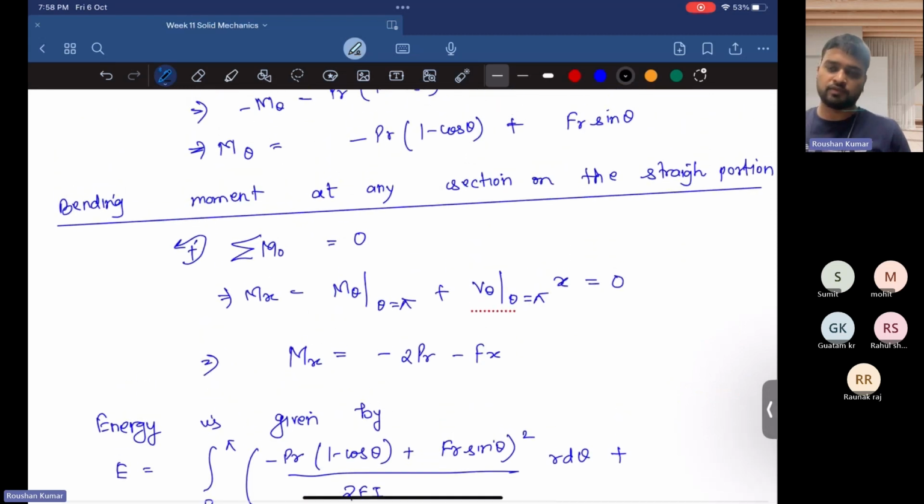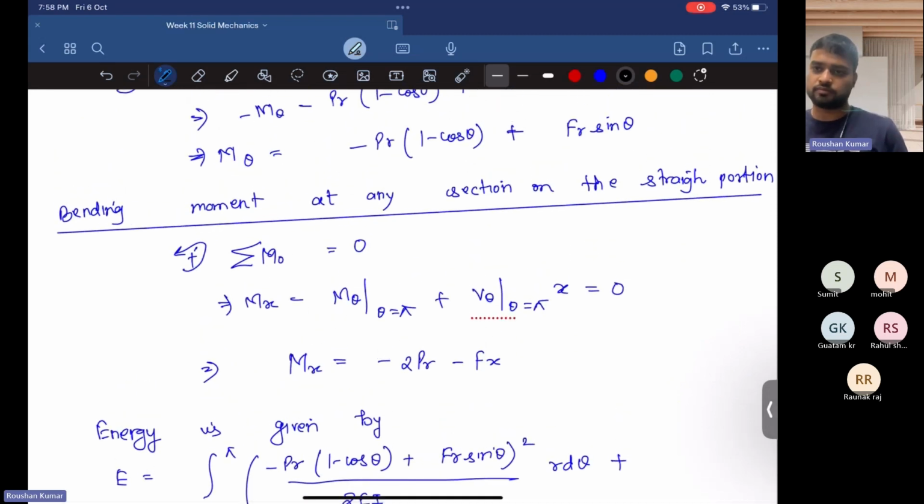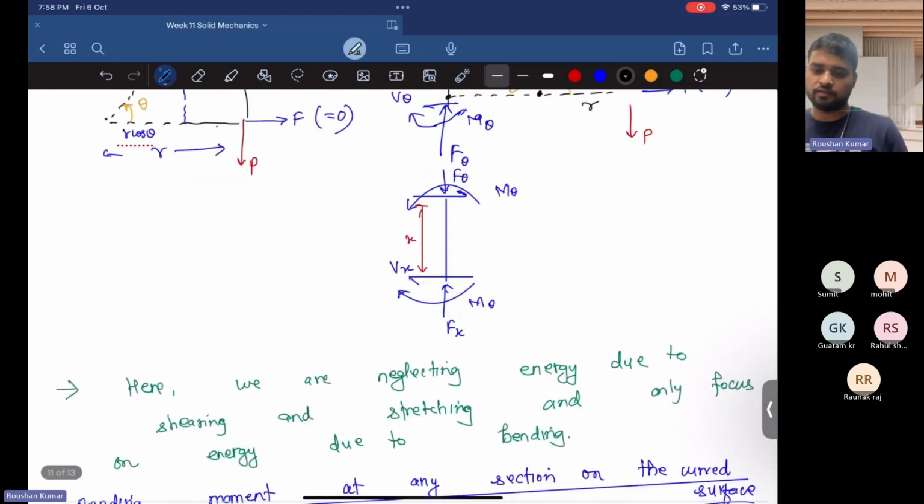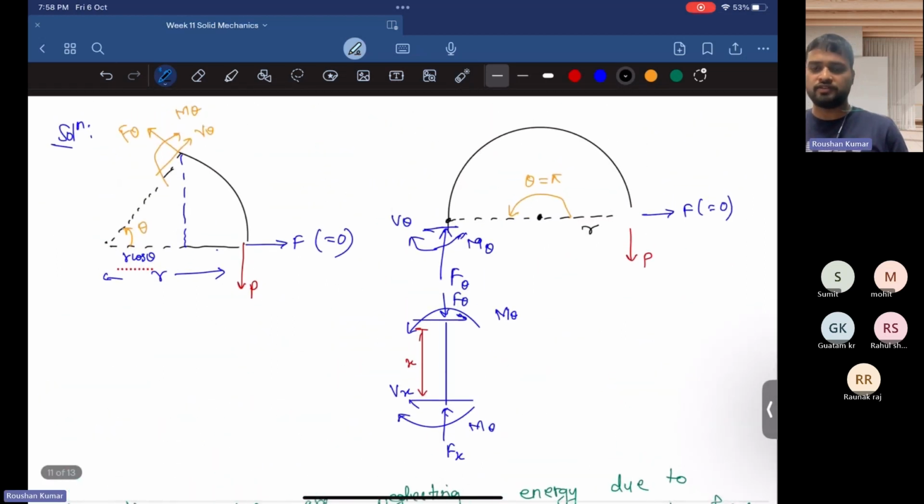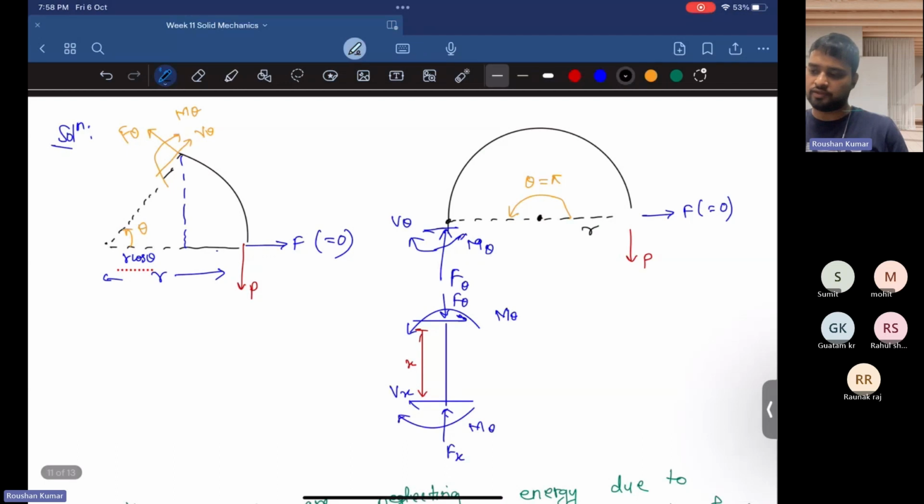Starting the session, I briefly explained some concepts related to energy methods, in which Castigliano's theorem is one of them, and the Maxwell-Betti-Rayleigh reciprocal theorem was also one of them. Based on these theorems, we solved questions 1, 2, and 3. So this is all about today's session. I hope you really enjoyed this session and understood it very well.